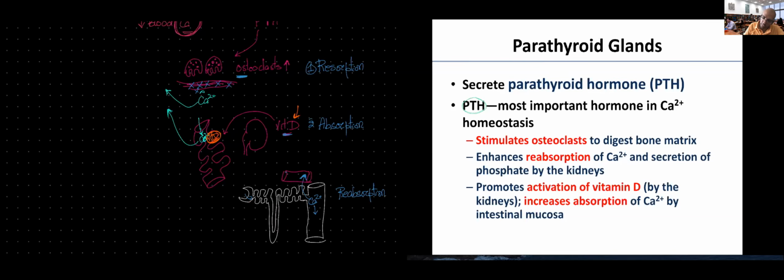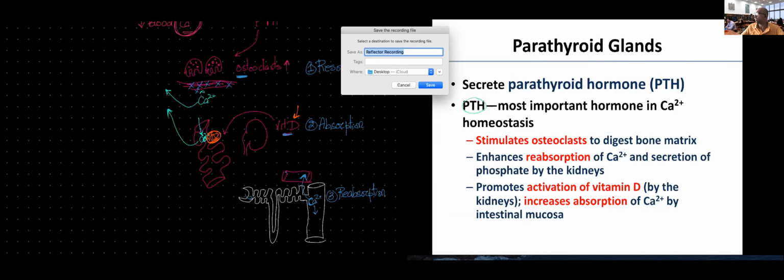Second one is the absorption of the calcium in the food that we're eating by activating vitamin D. And the third action here of the PTH is by enhancing the calcium reabsorption from the kidney tubules. And this calcium was about to get released out in the urine.